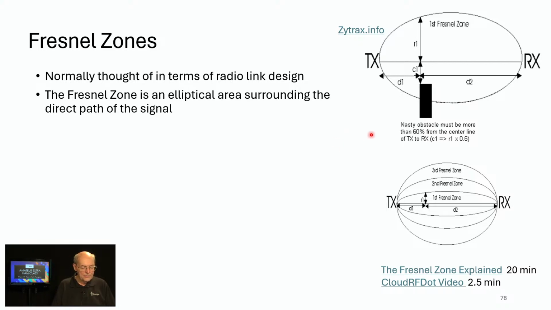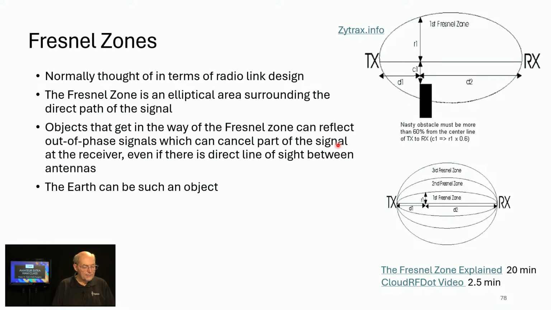And the rule of thumb, which you can't read here, is that nasty obstacles must be more than 60% from the center line of the transmit to receive path. That's shown in here. Here's the nasty obstacle.